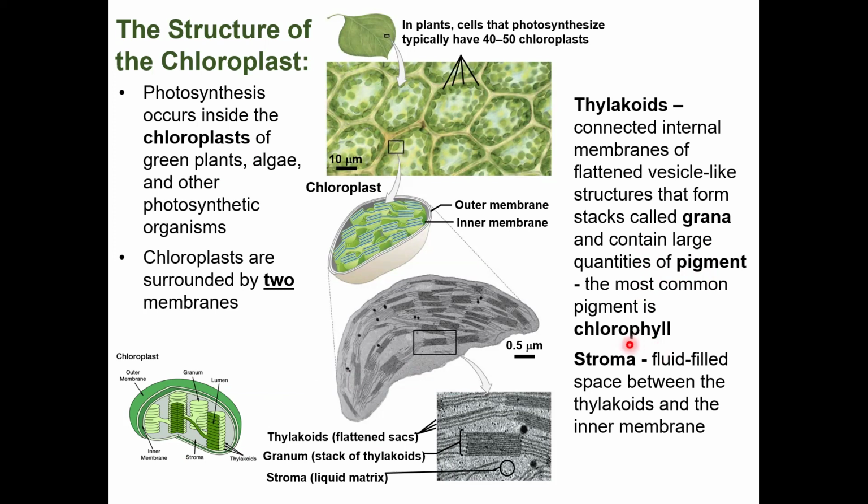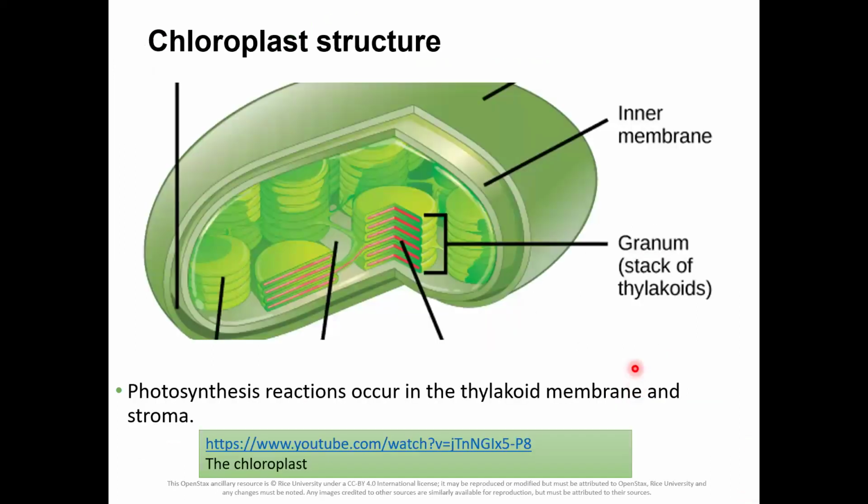And then there's a region between the thylakoids and the inner membrane called the stroma. This is just a more zoomed in version of the chloroplast structure itself, and photosynthesis reactions occur within the thylakoid membrane and the stroma itself.